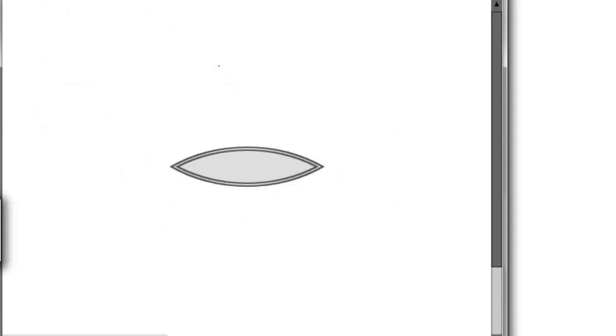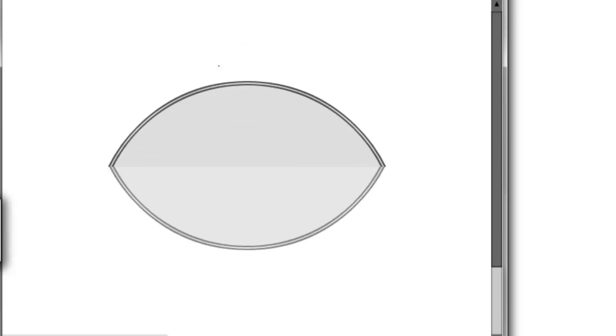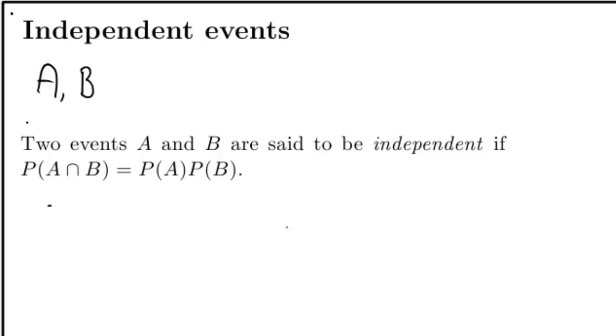Let's say that I flip a coin twice. In total, there are 4 possibilities. So the sample space is given by: I could get heads in the first and heads in the second.